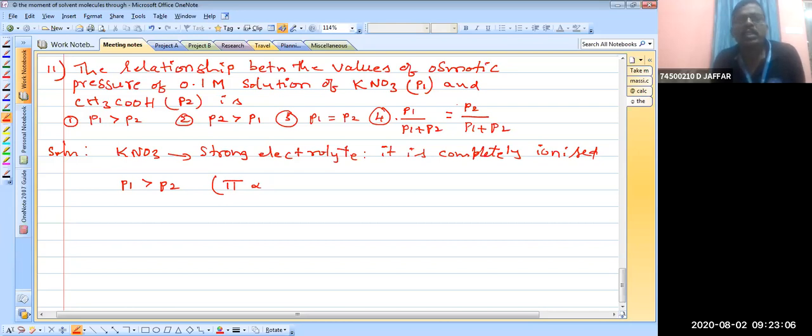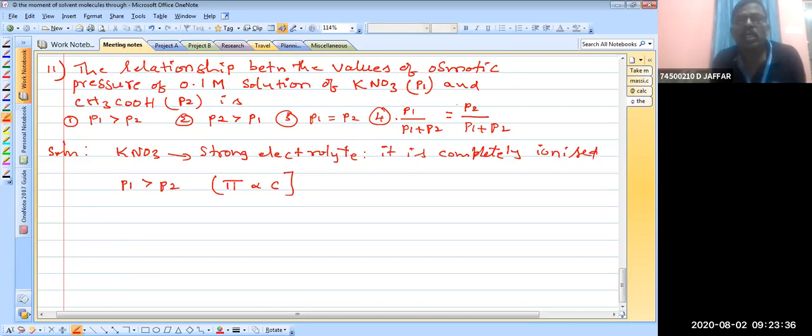Acetic acid is a weak electrolyte. It dissociates to a small extent only, right? That's why the number of ions formed in the case of acetic acid is less. So the particle concentration of acetic acid solution is less when compared with the particle concentration of potassium nitrate. We know that osmotic pressure is directly proportional to molar concentration.